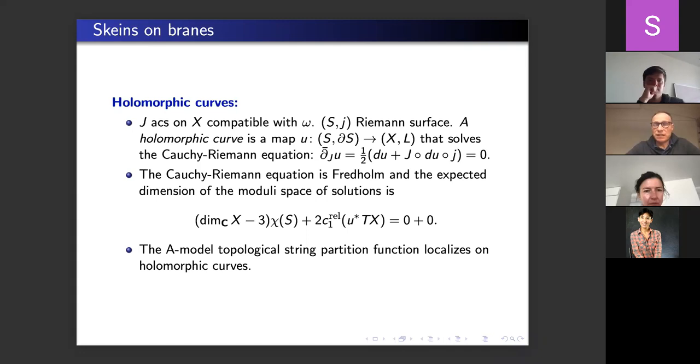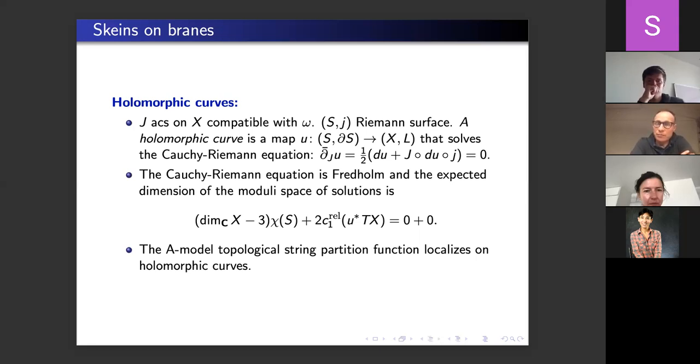This is a partial differential equation, but it's a Fredholm equation, meaning it has finite dimensional kernel and cokernel of the linearization. You can compute, by the famous Riemann-Roch formula, the expected dimension of the moduli space. This is the celebrated dimension count in dimension 3, which says the dimension is the complex dimension of the ambient space minus 3 times the Euler characteristic of the surface, plus a Chern class contribution.